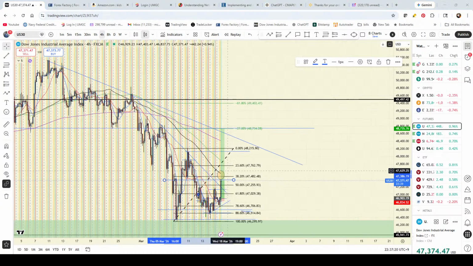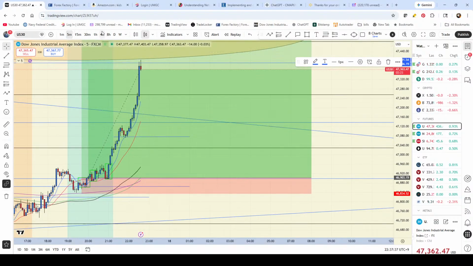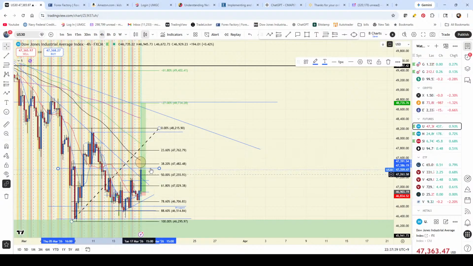In 22 minutes, if it closes like this, look how strong, look how big this bull H4 candle is. Why the fuck would you go against that? Why would you go against that? 22 minutes left.